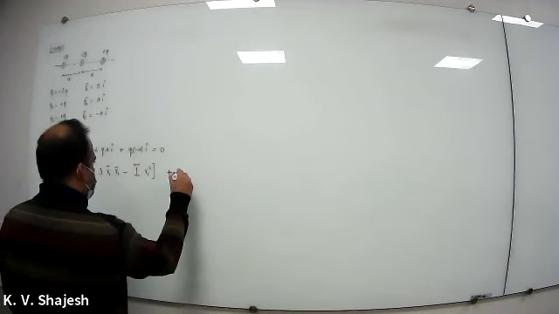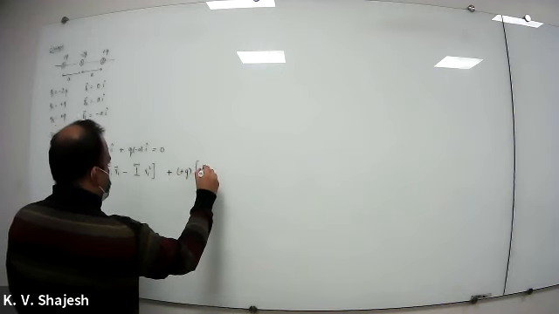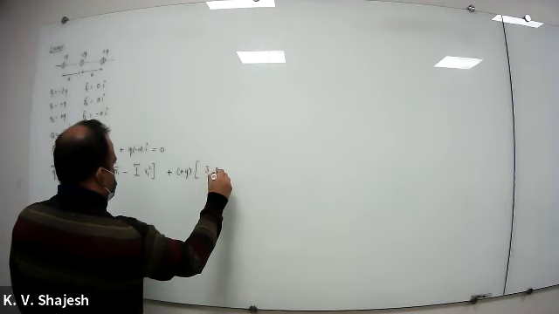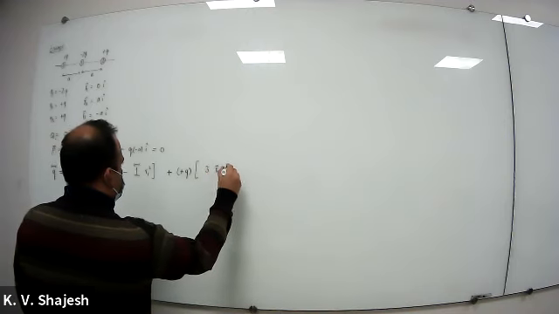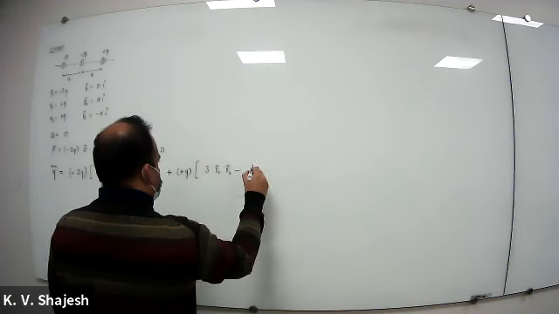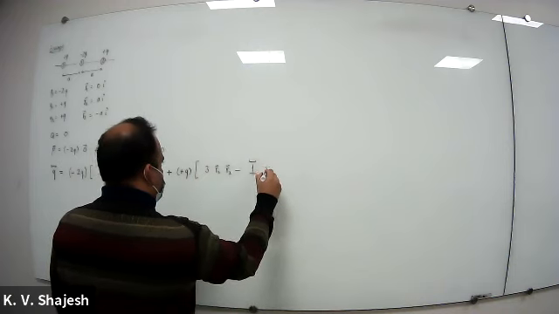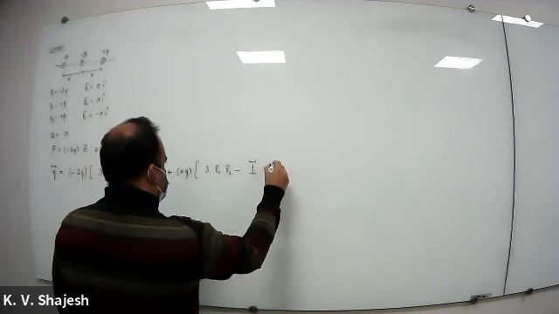So this is plus Q. That's 3 times R2 R2, minus the dyadic 1 times R2 squared.